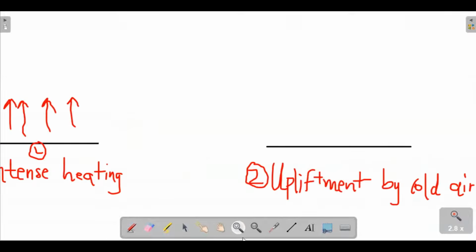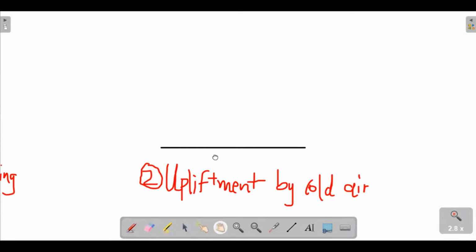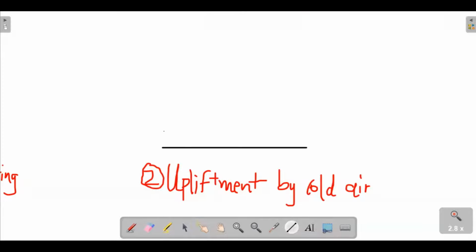This is going to be crucial in the next video. This is what we mean. We mean that when you have cold air approaching warm air, and it's actually going to be important in grade 12 as well. So you have cold air on this side and warm air. They are moving towards each other.